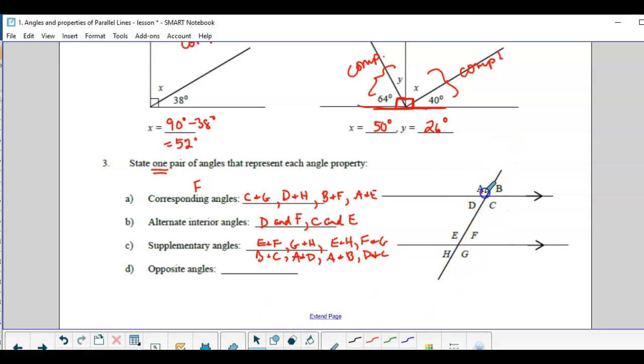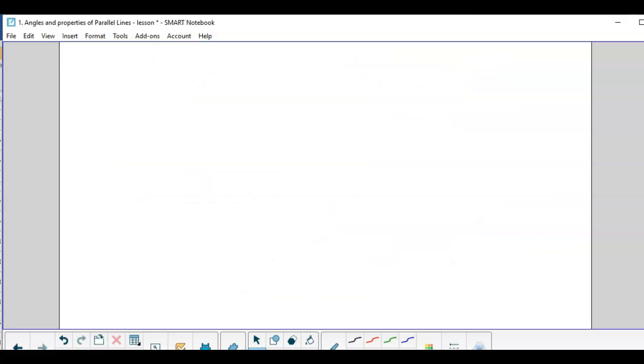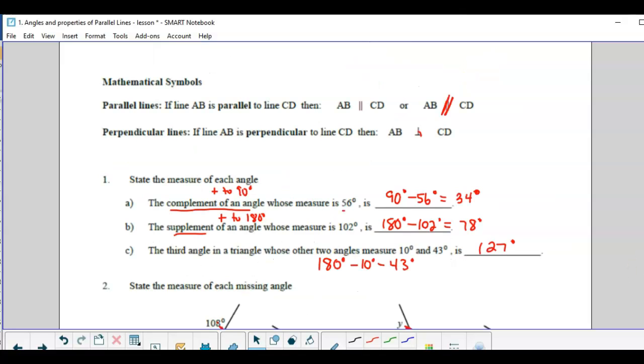So here, opposite angles, A and C, or B and D, and then E and G, or F and H. Okay, and that's it. So we're done a review of angles.